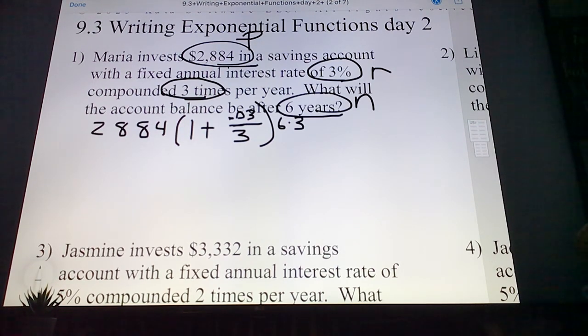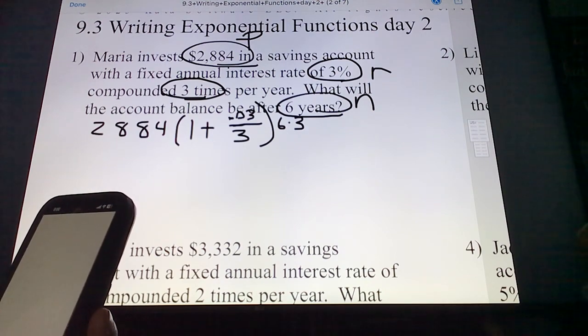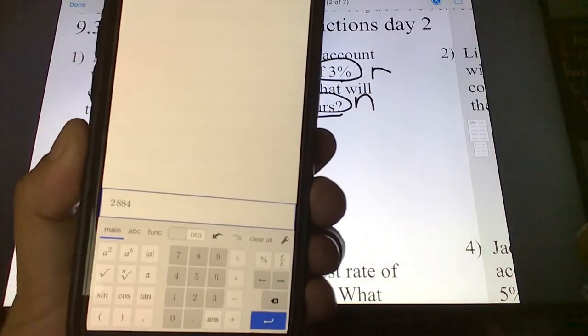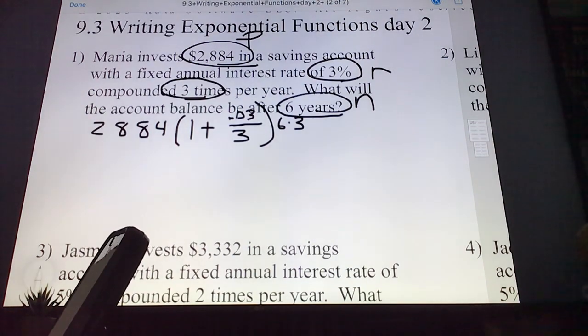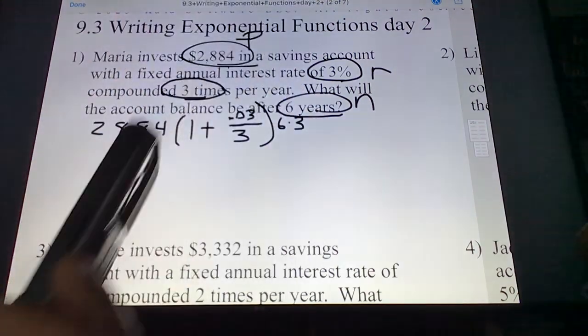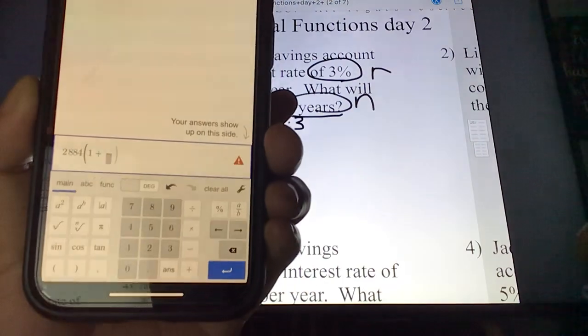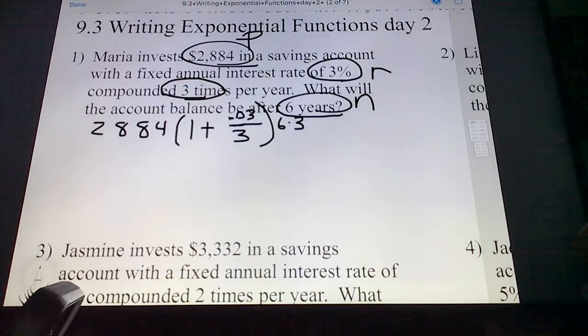So that's what it should look like when you're writing it on the paper, and now I'm going to show you what it looks like on the calculator. On the calculator, you type in 2884, parenthesis, 1 plus, and then hit your fraction button, whatever that looks like. On here it looks a little different. Then we say 0.03, hit down and say 3.